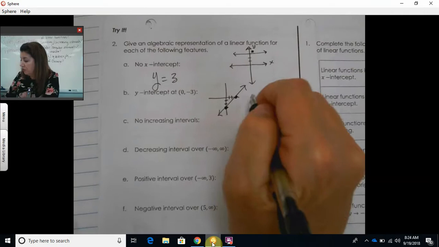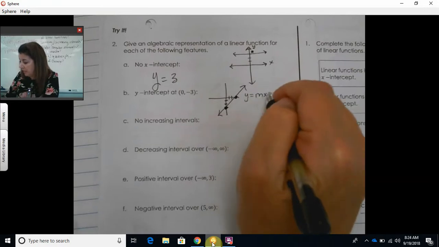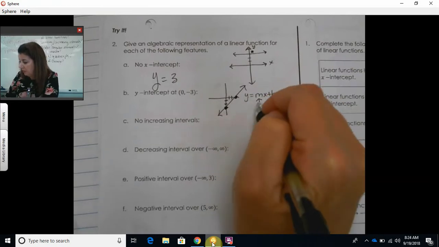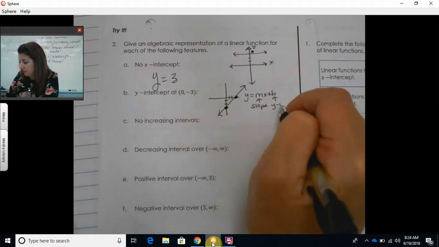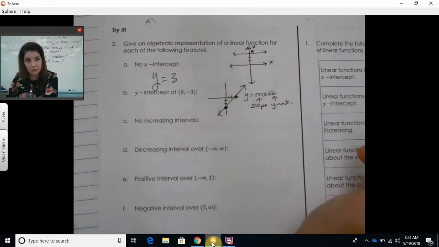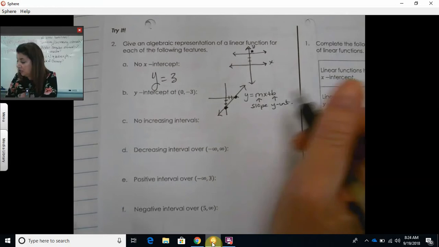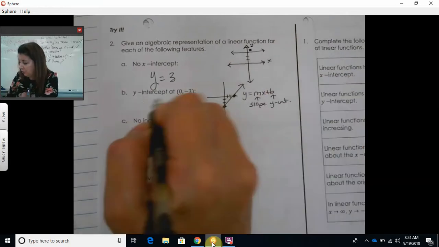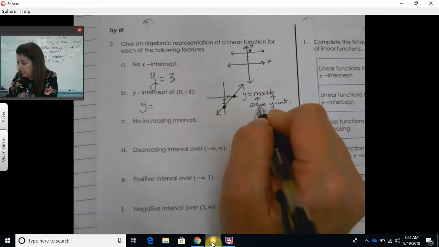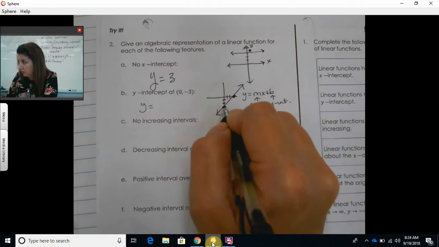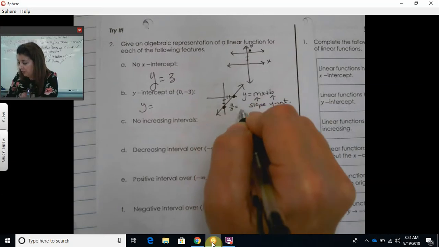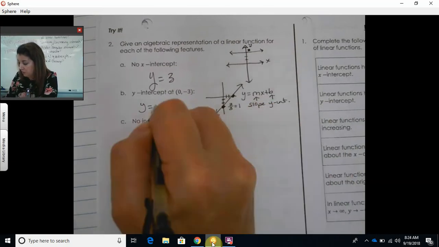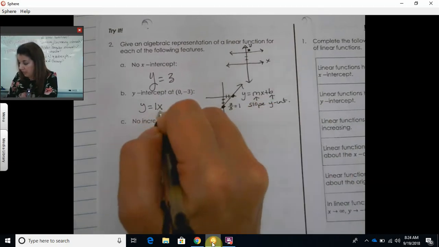So remember, slope-intercept form is y equals mx plus b. M is your slope, b is your y-intercept. So the equation of the line I drew would be y equals, my slope is what? Rise of 3, run of 3 reduces to what? 1. So my slope is 1x, or my rate of change.